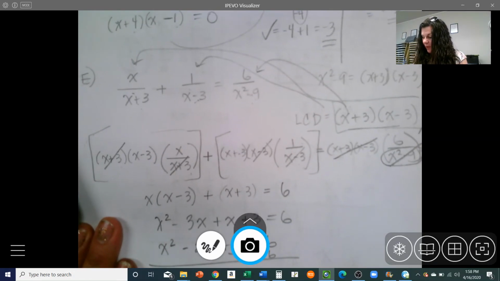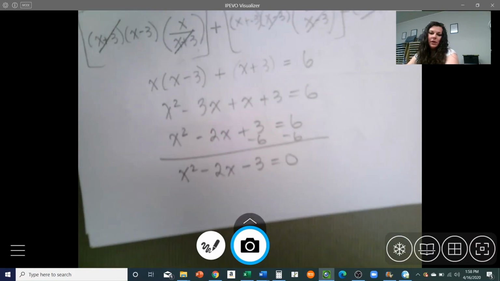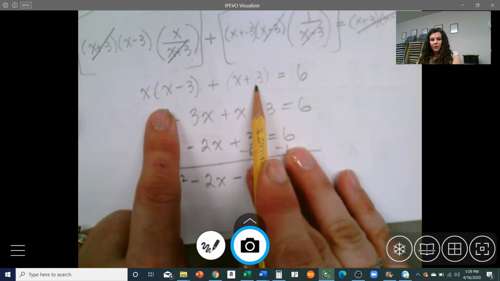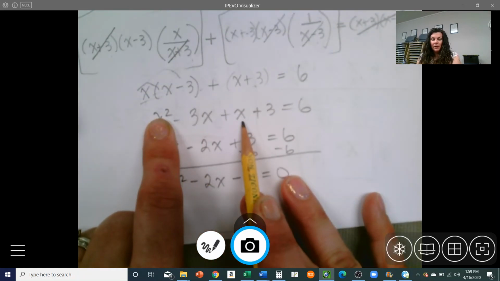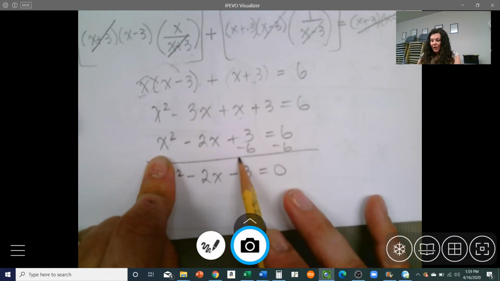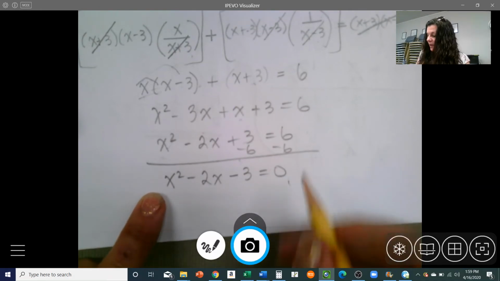X squared minus 2x minus 3 equals 0. Okay, so I distributed this x, and then I combine my like terms, and now I'm subtracting 6 from both sides so that this can be set equal to 0, and I can factor.